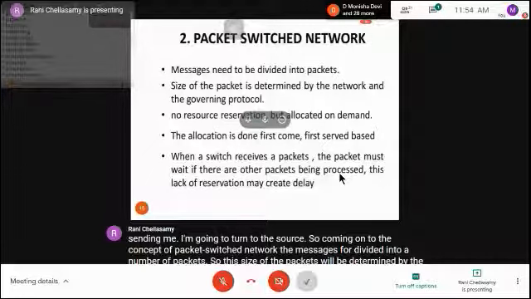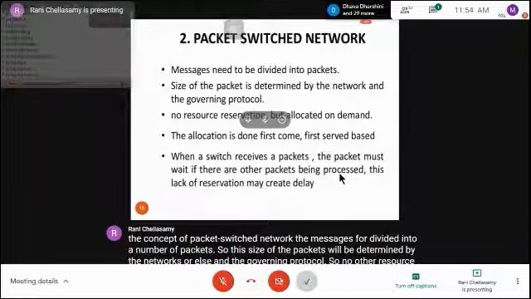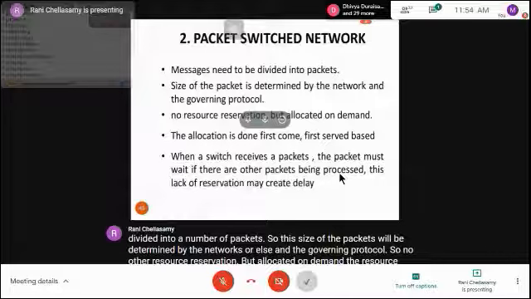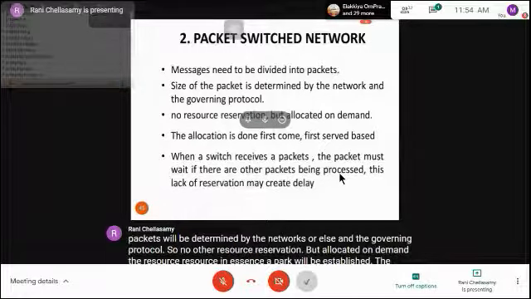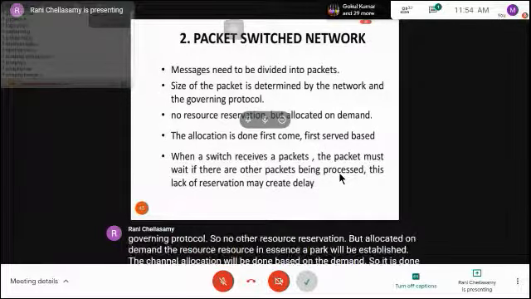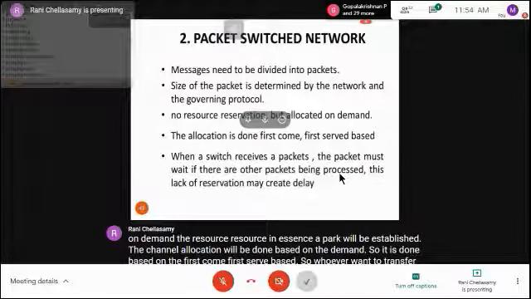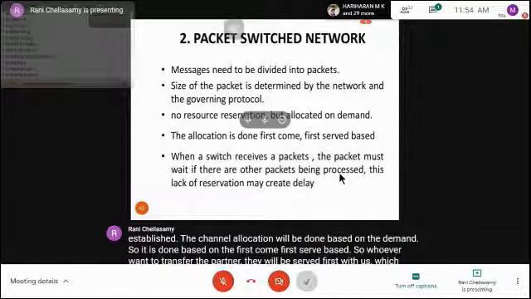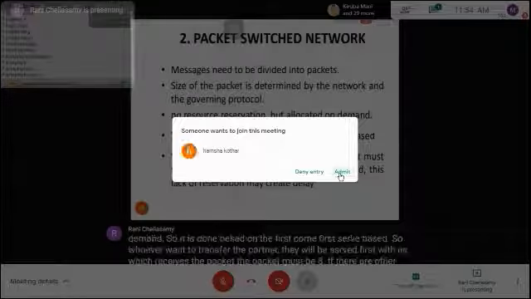A path will be established and channel allocation will be done based on demand, on a first come first served basis. So whoever wants to transfer a packet will be served first. When a switch receives a packet, the packet must wait if there are other packets being processed at the switch. This lack of reservation may create a delay.